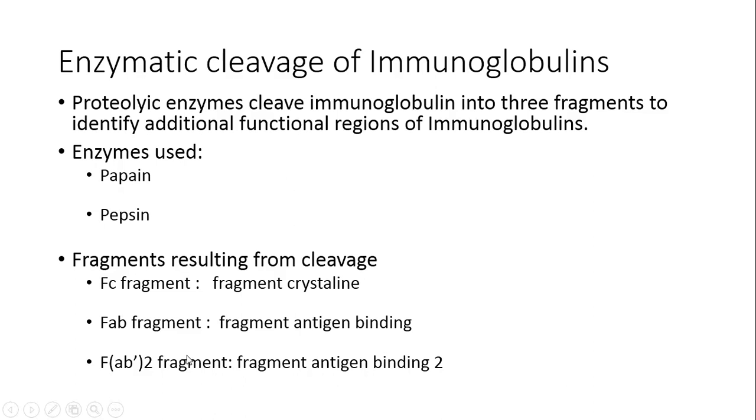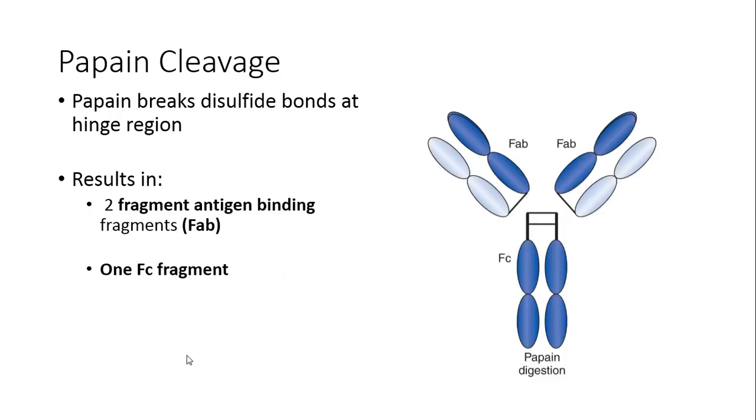So let's look at the actions of the 2 enzymes that were used, papain and pepsin, and then look at how that relates to the immunoglobulin structure that we recognize today. So we have our Y shape, again, just for the sake of being able to use the two-dimensional structure for our discussion.